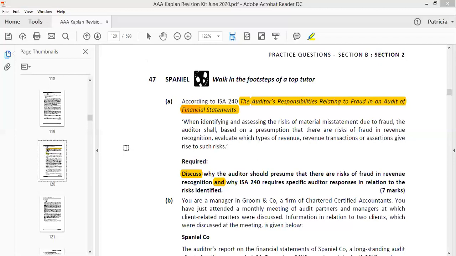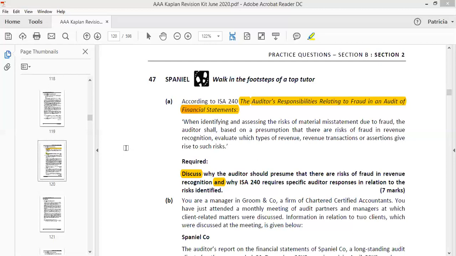So you can argue it in that way, and also you have to mention maybe an example in cases where there are no high risk areas for fraud in terms of revenue.